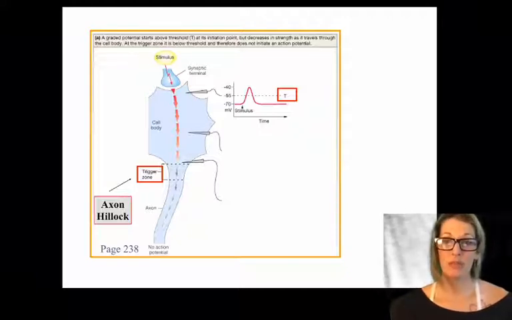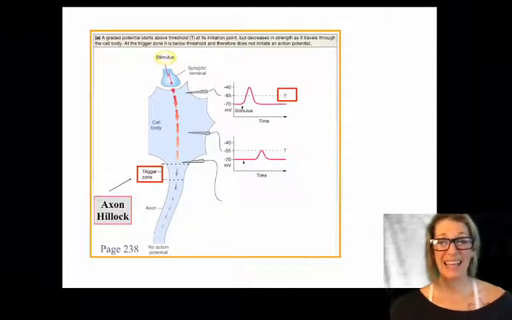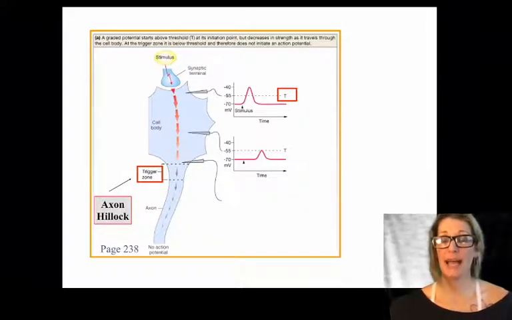So at the point of the stimulus, yes, we have passed a threshold, but remember, this is a graded potential. It's going to lose its intensity. Now we're looking at the center of the cell body, and at the center of the cell body, we're only right at negative 55. So the change in membrane potential is just at negative 55 millivolts because it's graded.